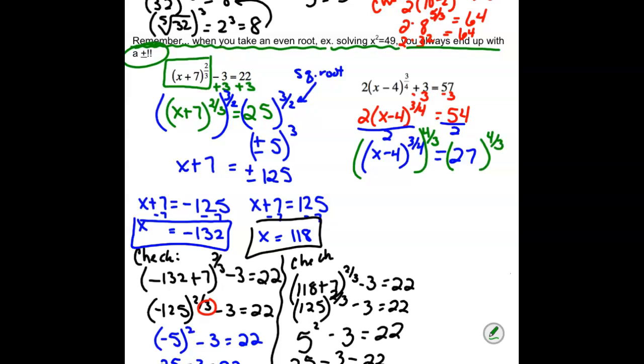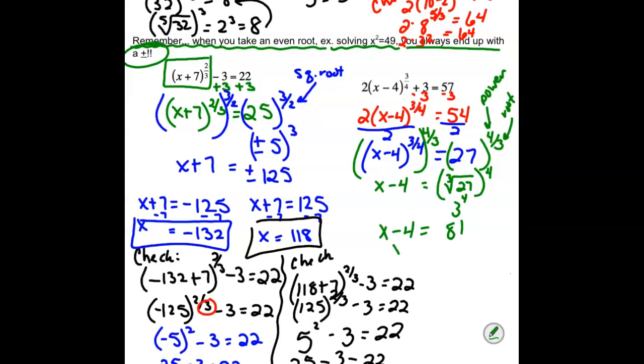The left side simplifies down to just x minus 4. On the right side, we are cube rooting the 27 and then raising that to the 4th power. Remember, your bottom number is your root, top number is your power. The cube root of 27 is 3, and 3 to the 4th is 81.